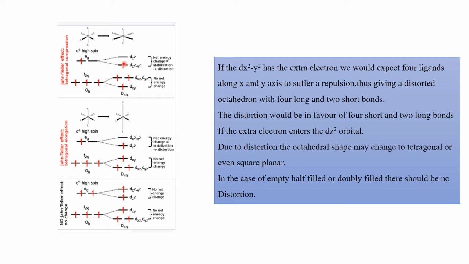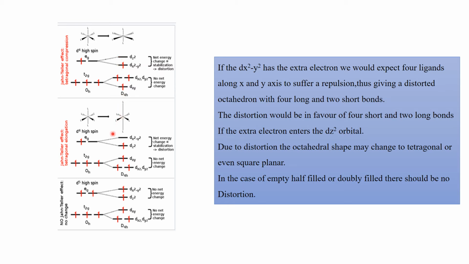If the dx2-y2 orbital has the extra electron, we would expect the 4 ligands along the x and y axes to suffer a repulsion, thus giving a distorted octahedron with 4 long and 2 short bonds. That is the first case.